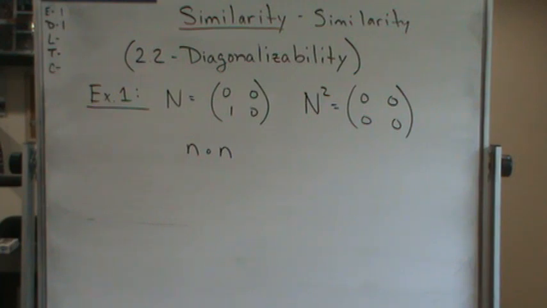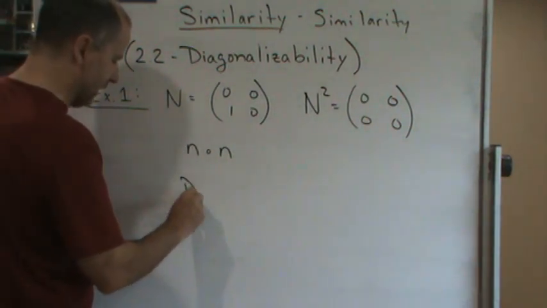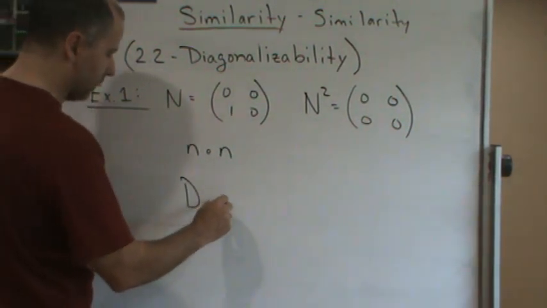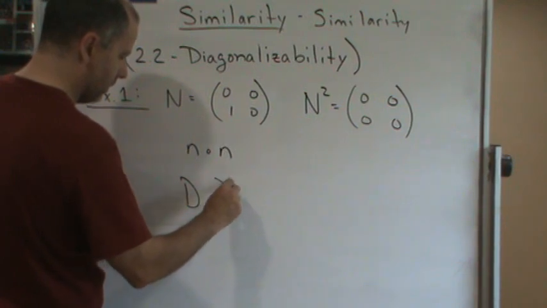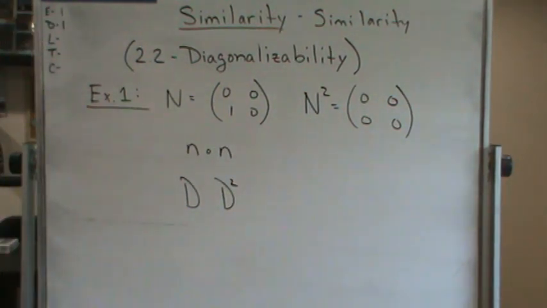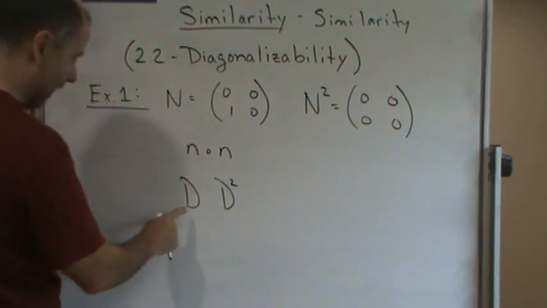But consider any non-zero diagonal matrix D, and now look at D squared. The entries of D squared are the squares of the entries of D, because D is diagonal.